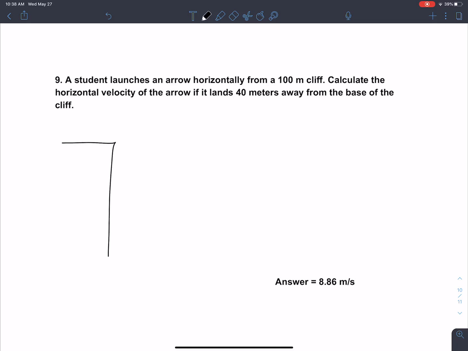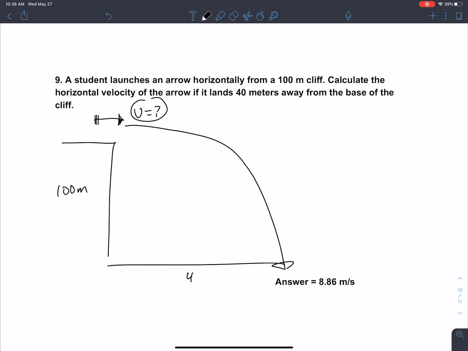This is a 100-meter cliff, and if I have my arrow flying at an unknown velocity, it's going to land at a distance of 40 meters away.